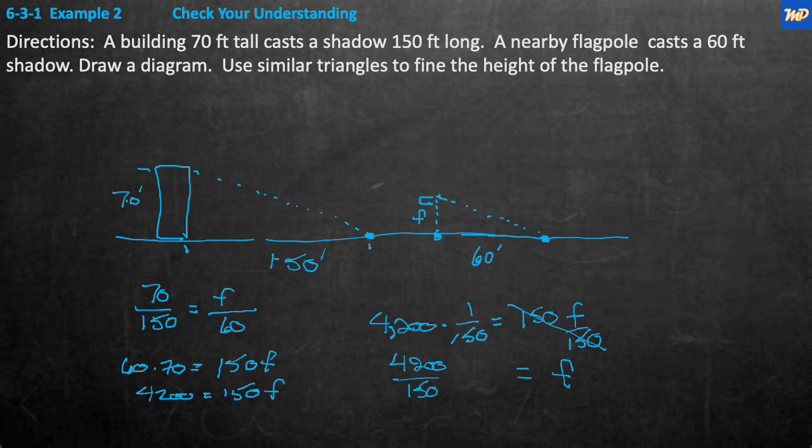And what is that equal to? Get out the calculator, 4,200 divided by 150, and I get 28. And the answer is 28. So there's a solution. The flagpole is 28 feet tall. If this building is 70 feet tall, the flagpole is 28 feet tall. In order to have shadows of 60 feet and 150 feet, as we're looking at it here, the flagpole must be 28 feet tall. Okay? Hope that makes sense to you.